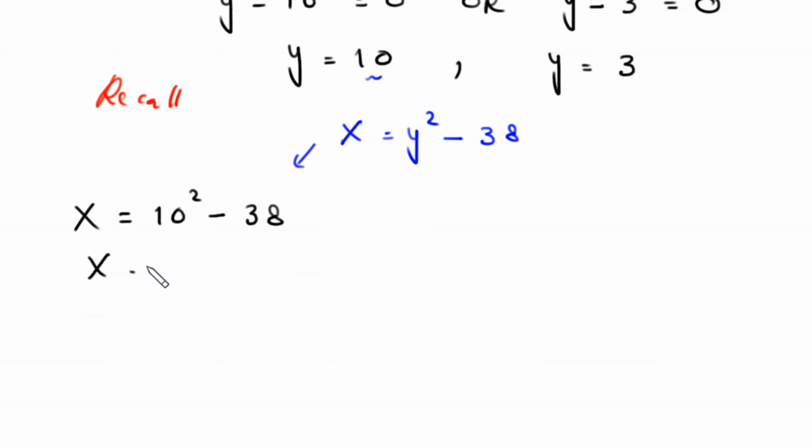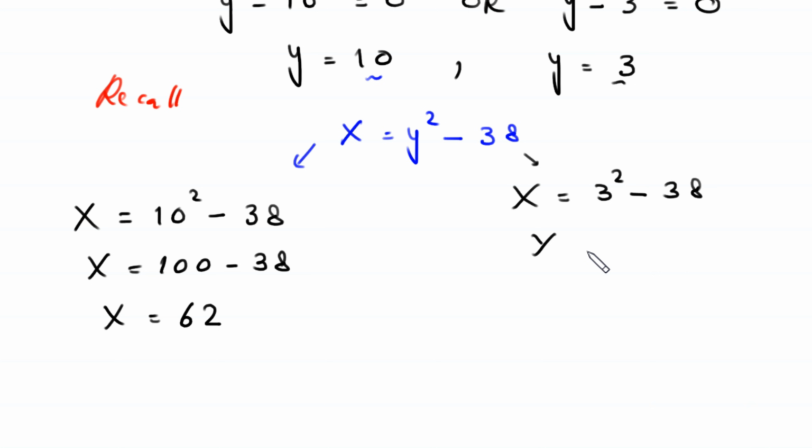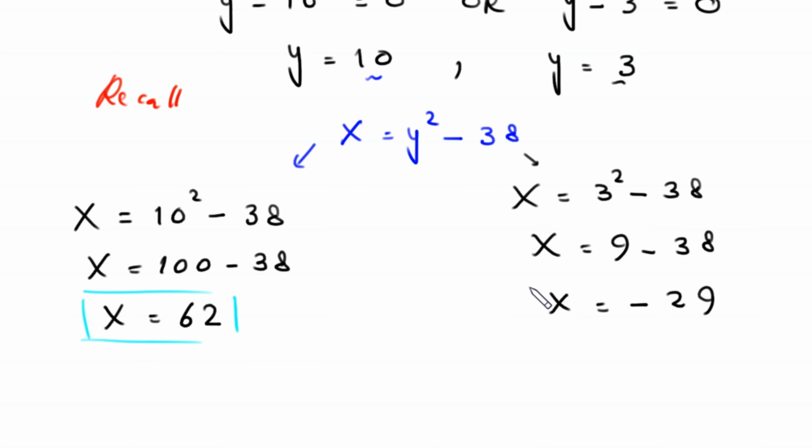So this will become x is equal to 100 minus 38, and x will be equal to 62. And when y is 3, then x is equal to 3 squared minus 38, and x will be equal to 9 minus 38, and x will be equal to negative 29. So we found two values of x, 62 and negative 29. Now let's verify and see whether these values of x are valid or not.